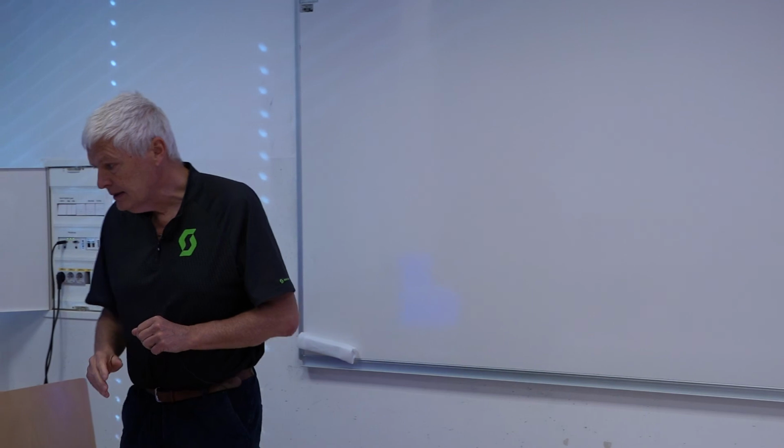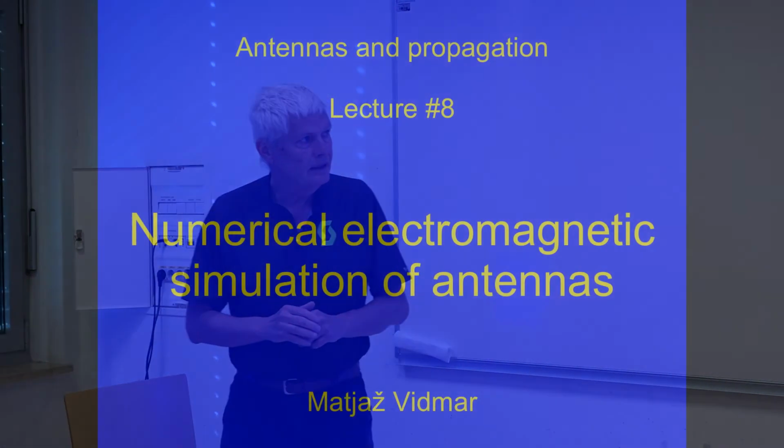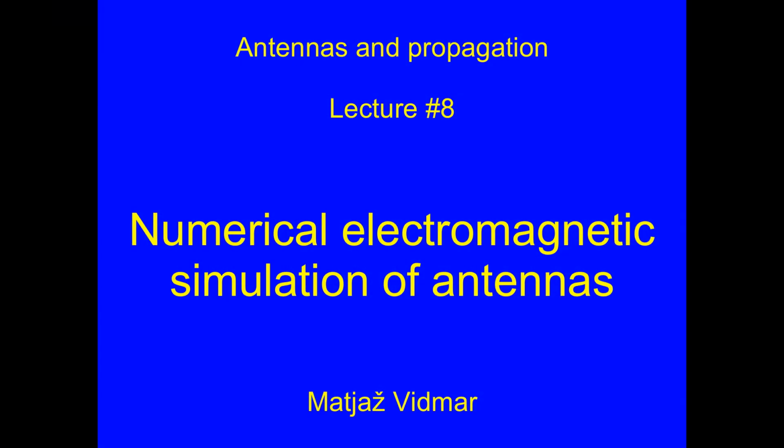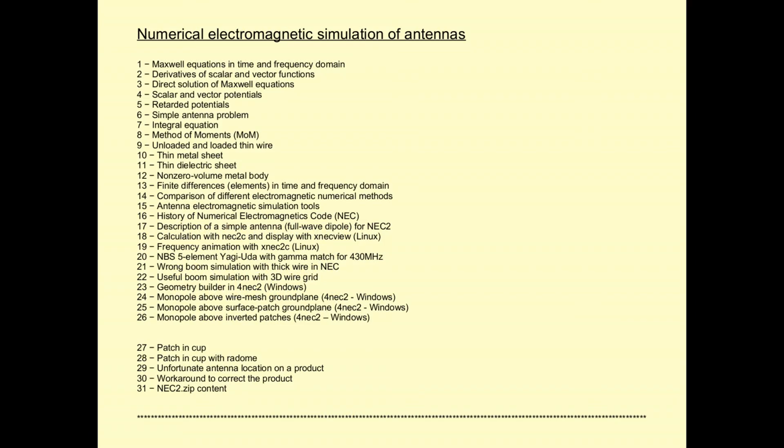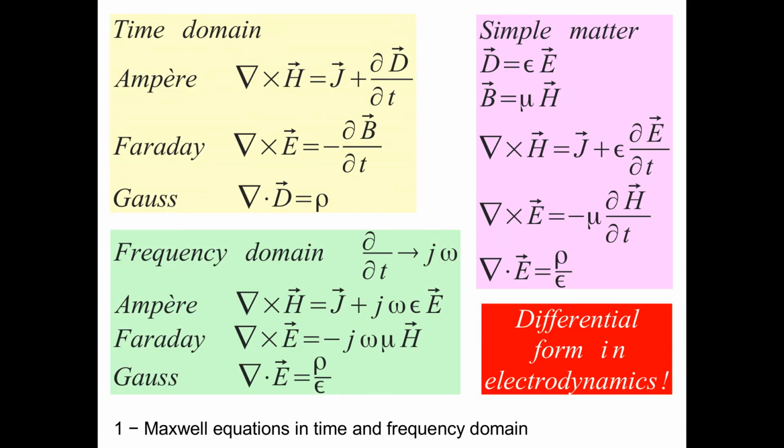So let's try to understand what happens now with electromagnetic simulation. What are we going to do? We can start everything with just Maxwell equations. And for antenna work, it's really useful to work in the frequency domain.